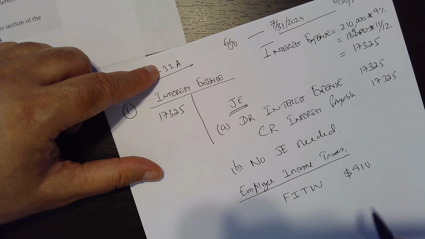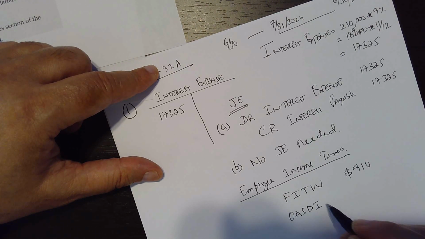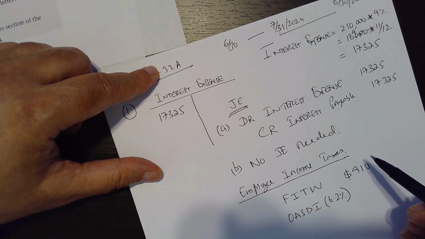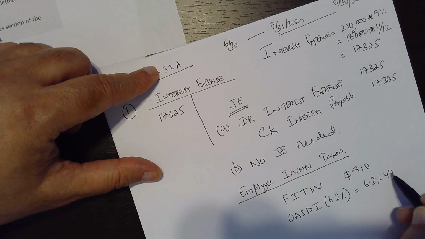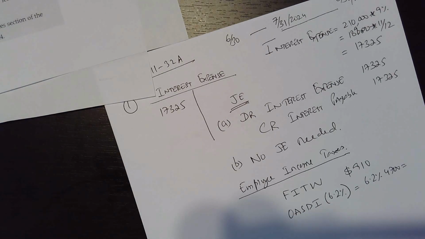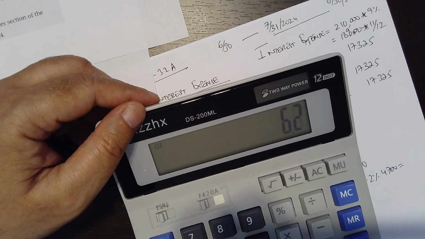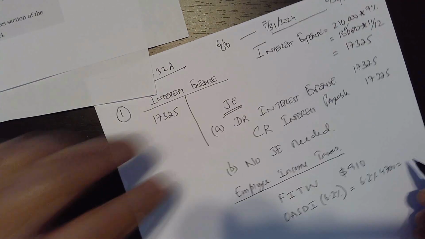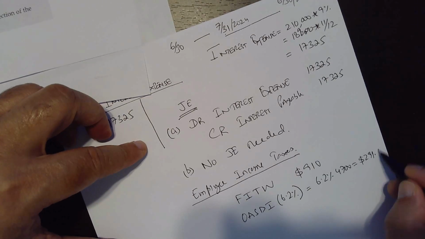Now we have to do OASDI, which is 6.2% of $4,700. So 6.2% of $4,700 would be equal to $291.40.